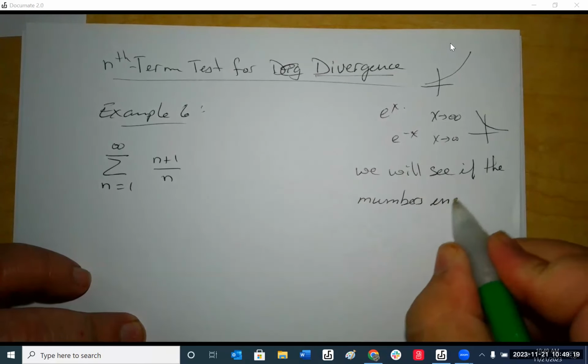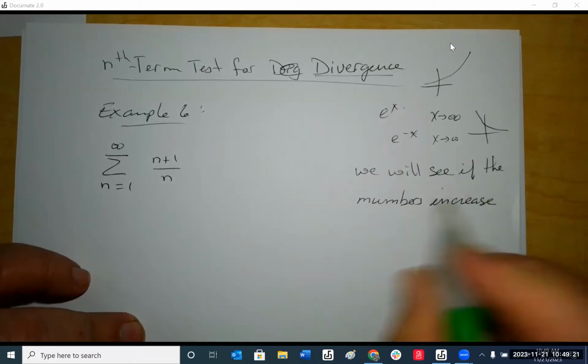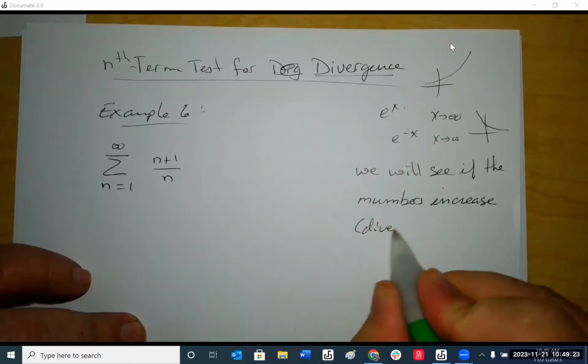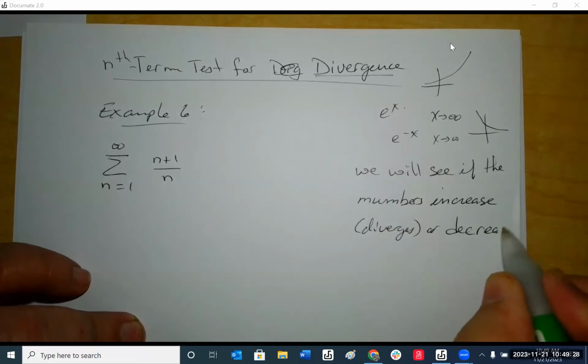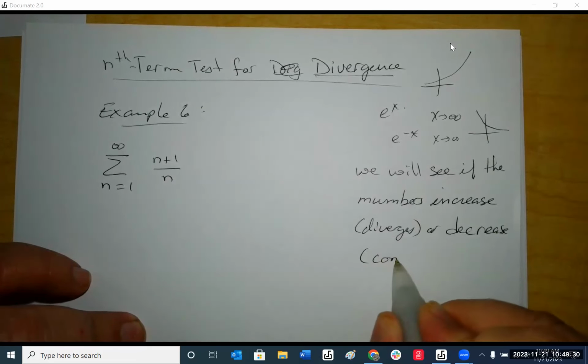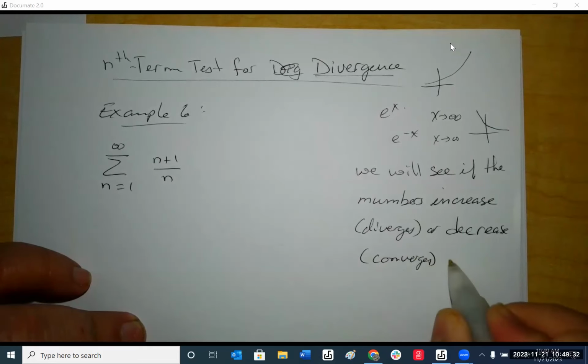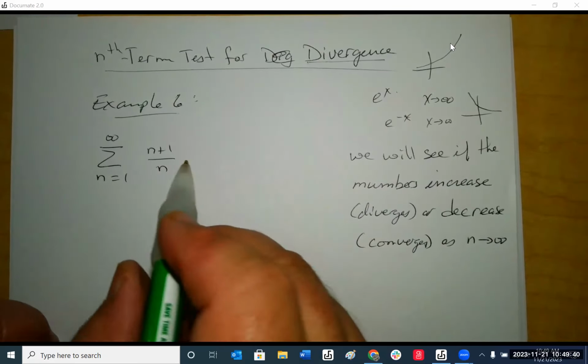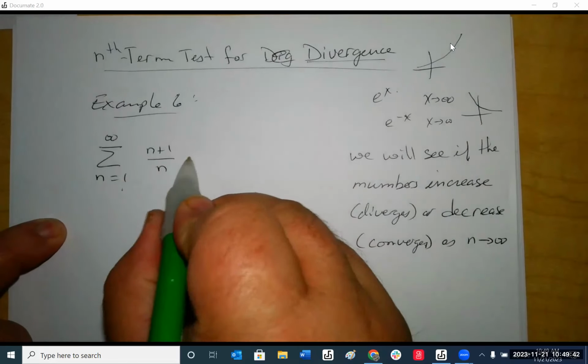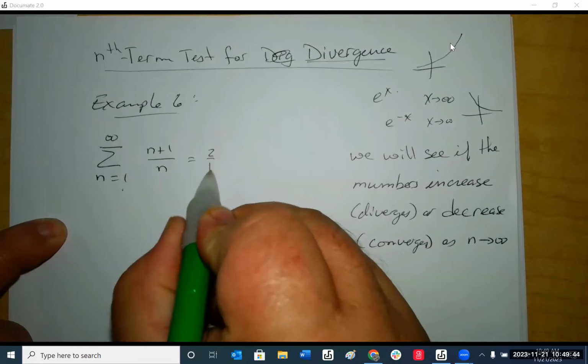Numbers increase, diverges, or decrease, converges, as n goes to infinity. So when n is 1, we have 2 over 1.